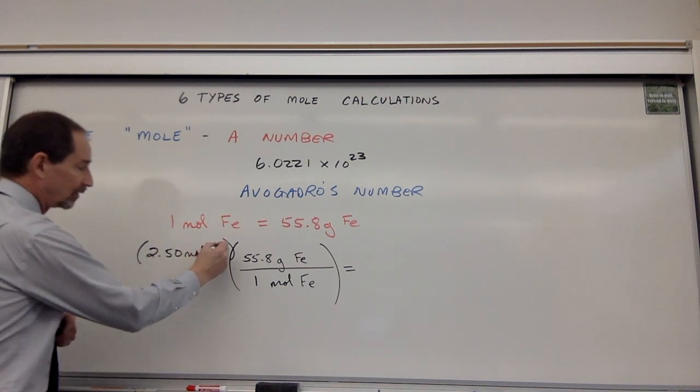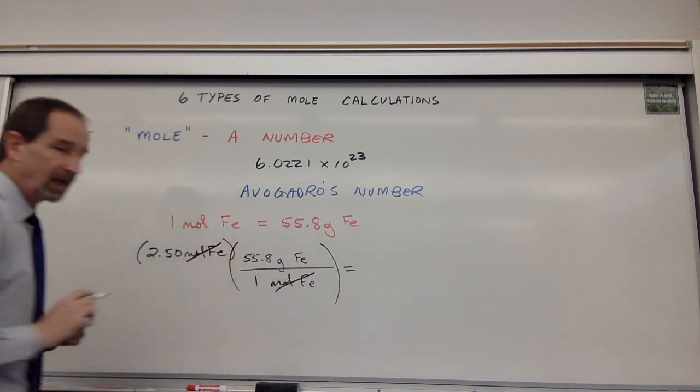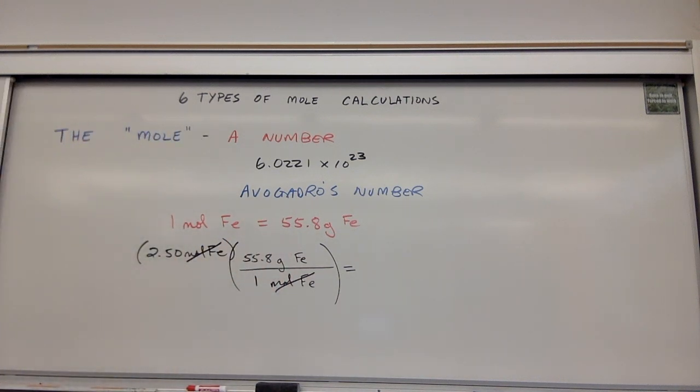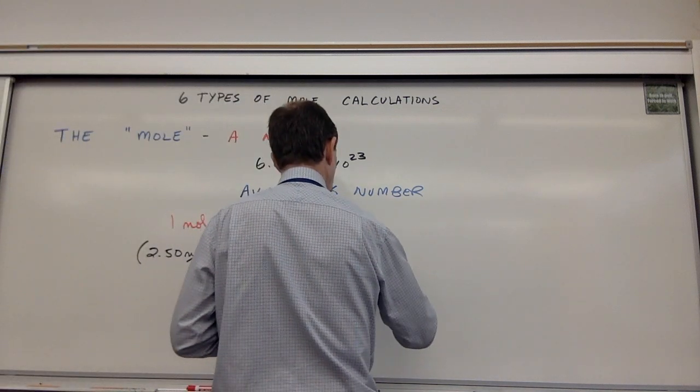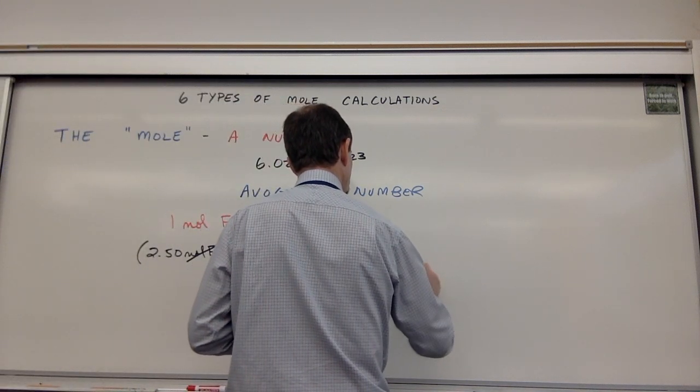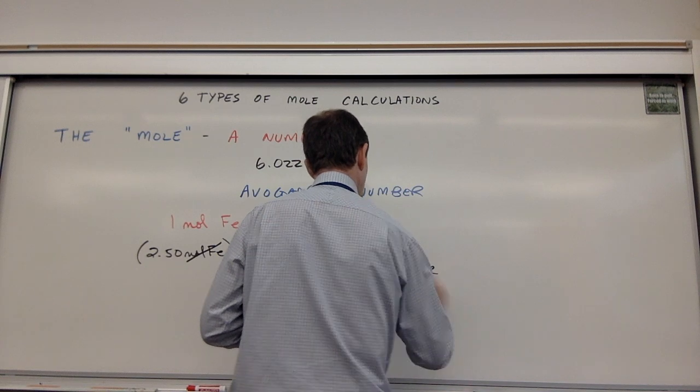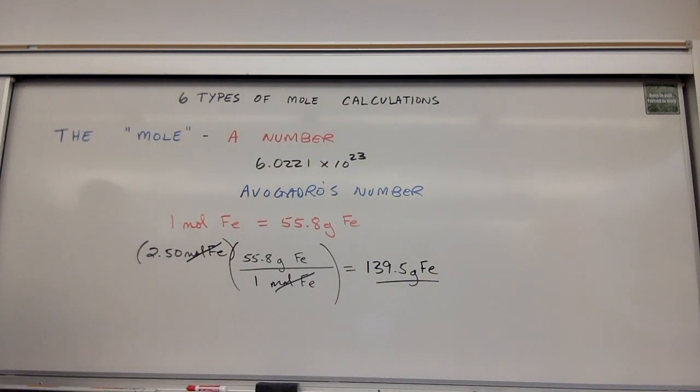My units of moles of iron cancel out. I have the unit of grams of iron left, and I get 139.5 grams of iron.